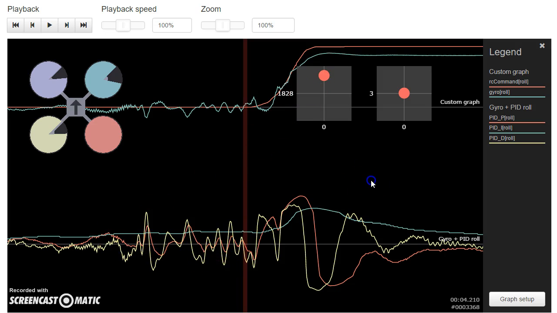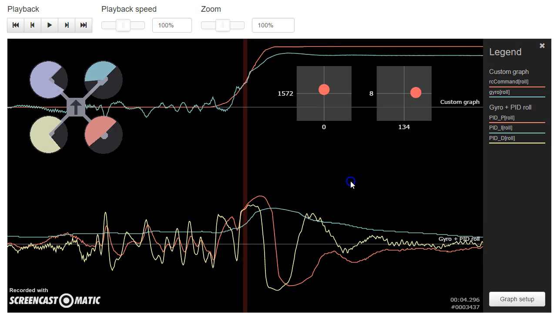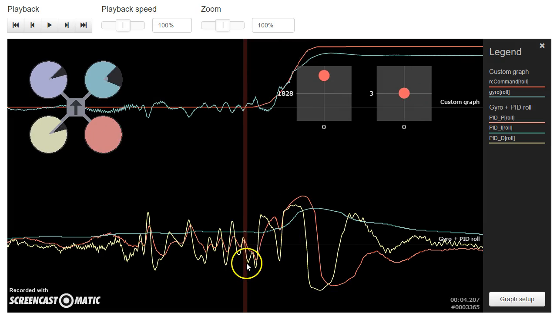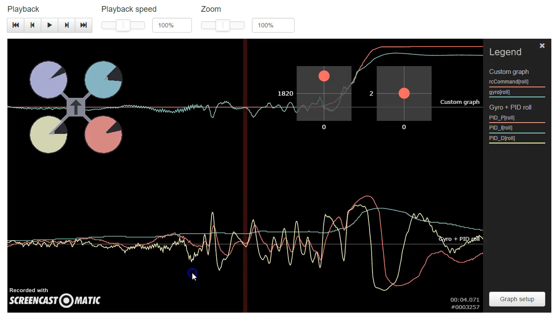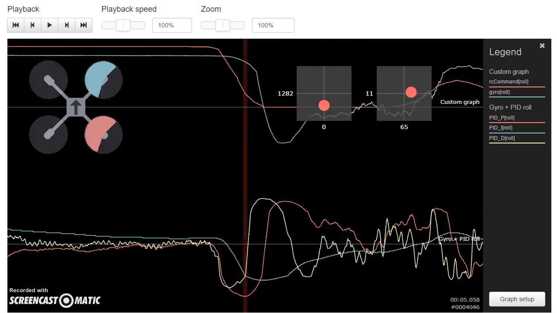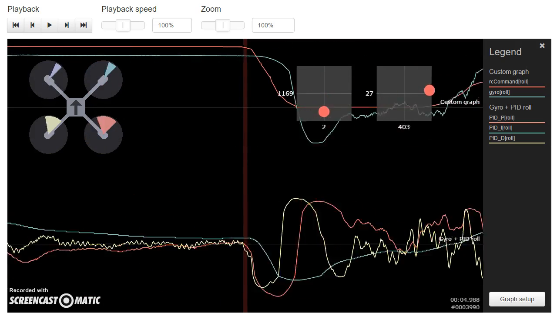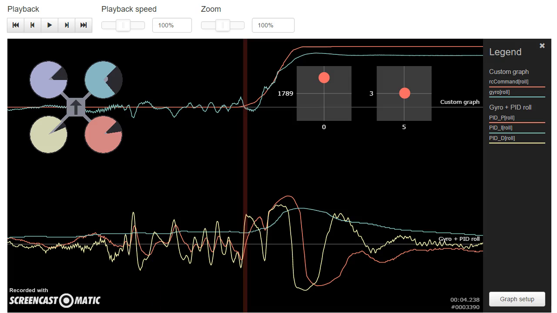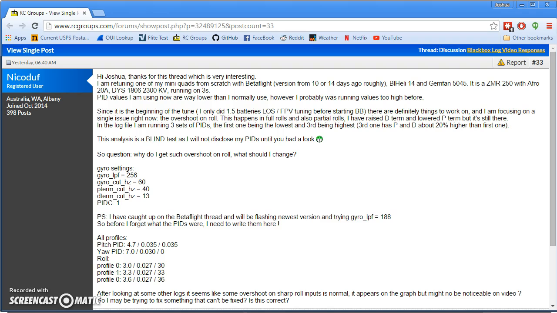And then we go into the roll. We see the P term pushes you into the roll. The D term is proportional to P and leading it. It does not look like there is a ton of noise in D at this point anyway. Your D term cut hertz is 13.